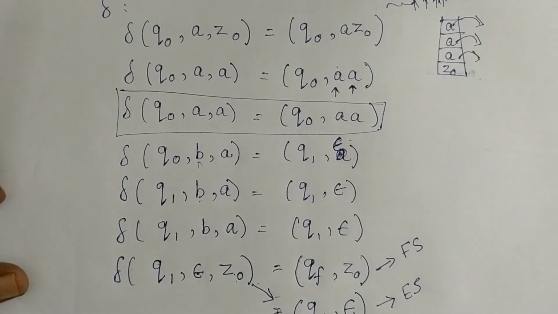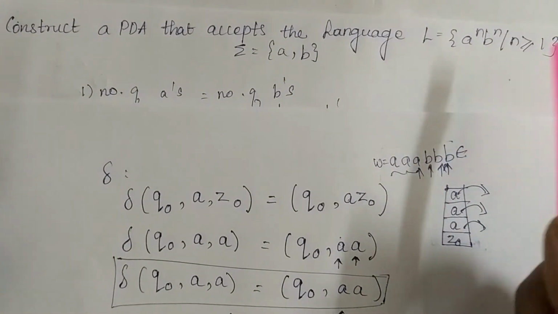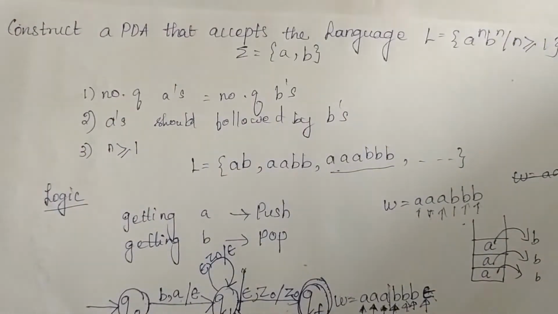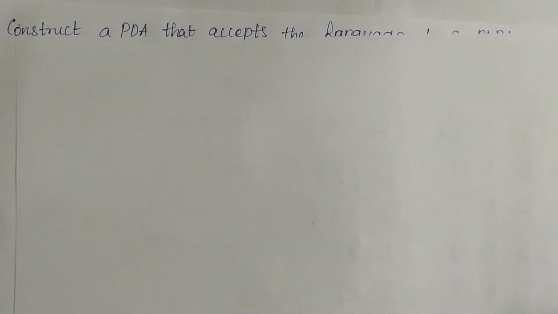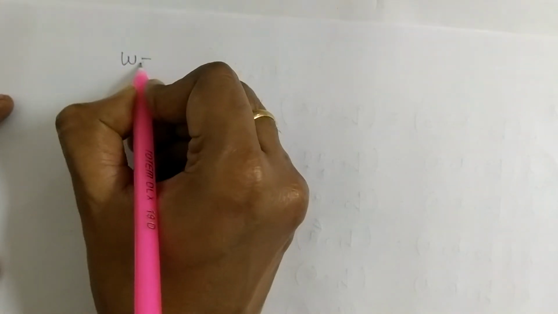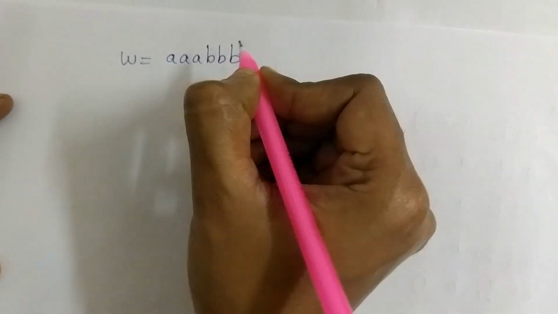And now we are going to study about instantaneous description. How can we say, from the language a power n, b power n, that a string is accepted using PDA? So we are now going to use the instantaneous description method for accepting a string. Our string is w equal to abbb.